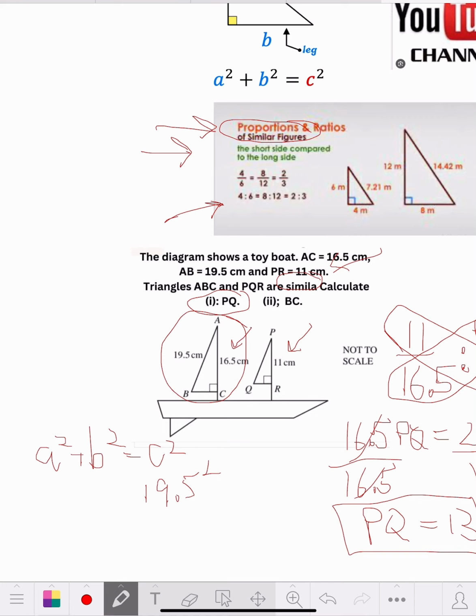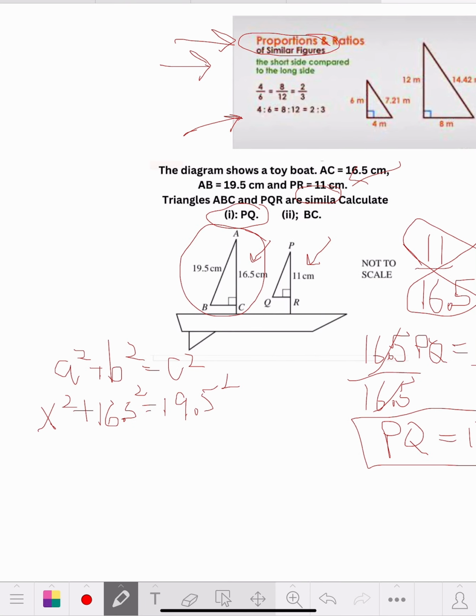We'll call the 16.5 squared, and then I'll call the missing leg x squared, because we don't know that value. We're missing one of the legs, so we're going to solve for that. We take the trusty calculator out. 16.5 squared is 272.25.